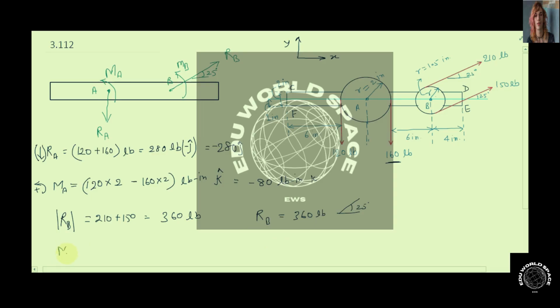Now talking about the moment acting at point B, since this 210 pound force is going to cause a clockwise couple while this 150 pound force is going to cause an anti-clockwise couple, considering the anti-clockwise couple to be positive, this will give minus 210 multiplied by the perpendicular distance, that is 1.5 inch, plus 150 multiplied by 1.5.